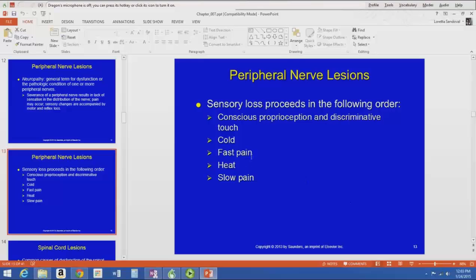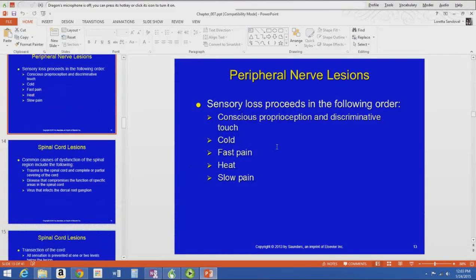Those are the A delta and the C fibers. So we lose the A beta fibers first, and then we lose the A delta and the C fibers last with peripheral nerve lesions. We will talk much more about peripheral nerve lesions in the peripheral nerve chapter. Right now we're mostly just talking about sensory loss.